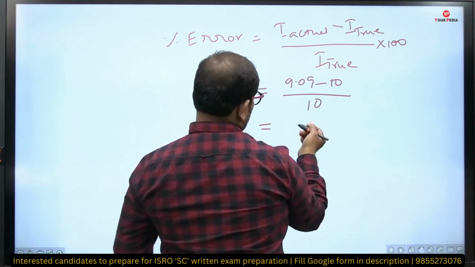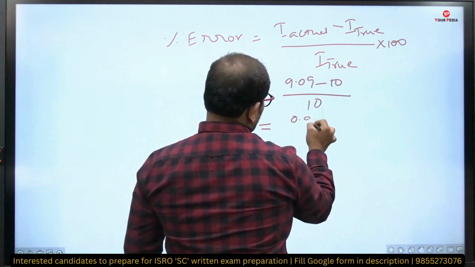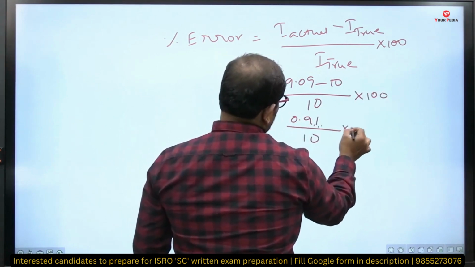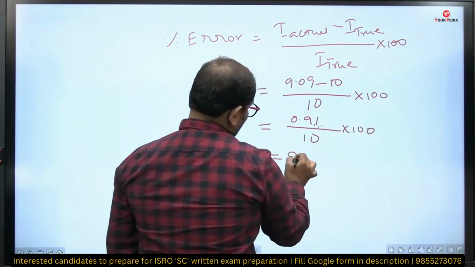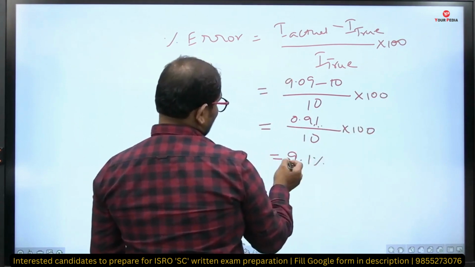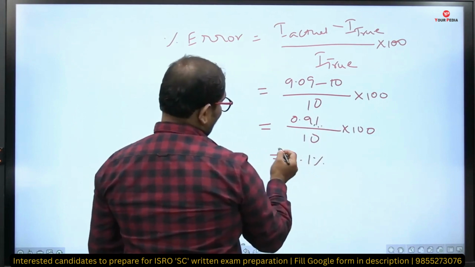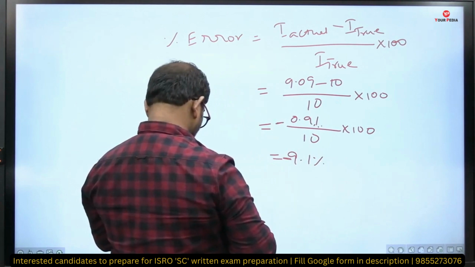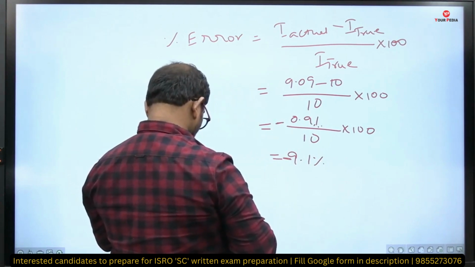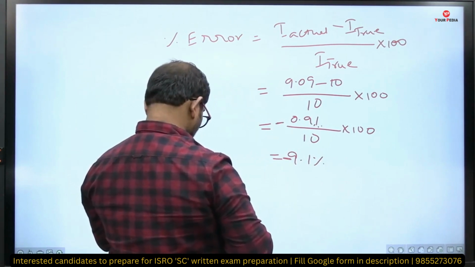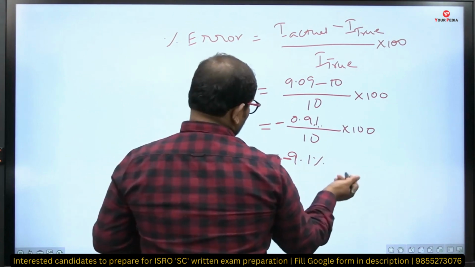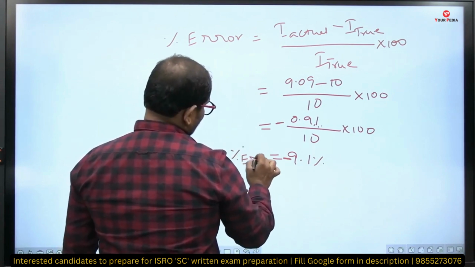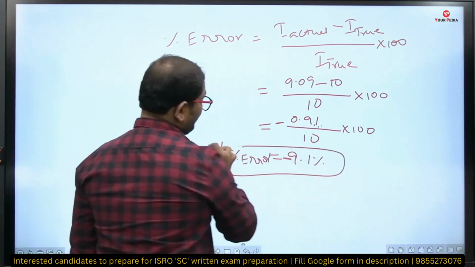Minus 0.91, into 100 by 10. So this becomes 9.1 percent, but this is a negative value, minus 9.1. So 9.09 minus 10 is minus 0.91, and we get 9.1 percent error. This is the percentage error in the measurement.